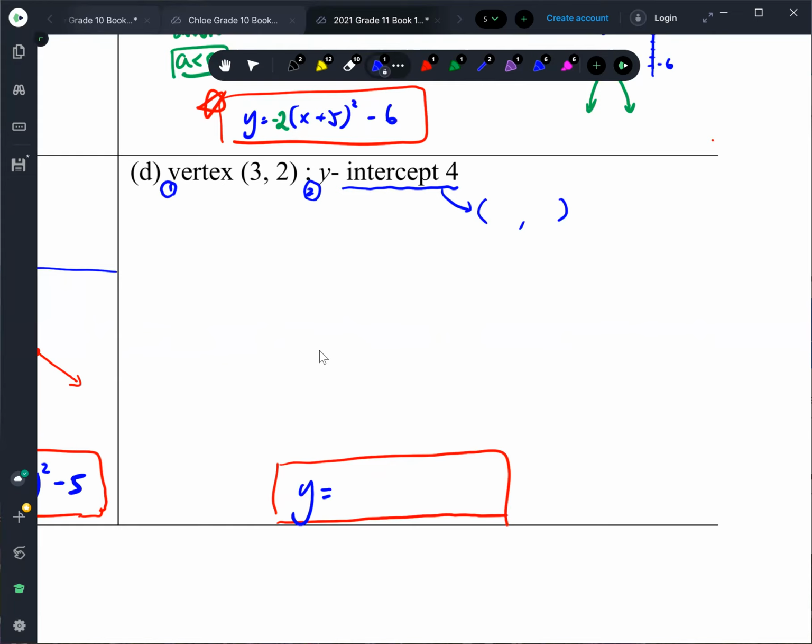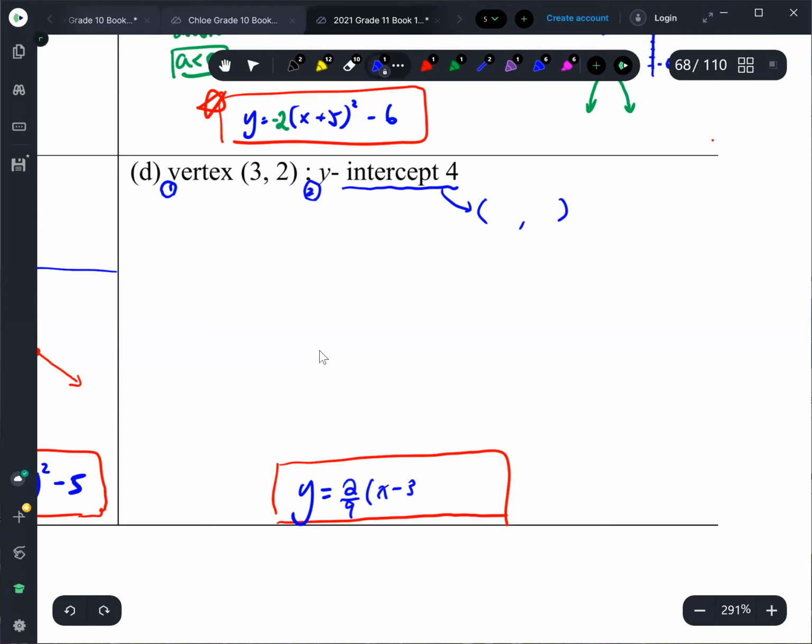All right, so let's have Geoffrey, what's your equation look like? Y equals 2/9 bracket x minus 3 squared plus 2. Okay, thank you. And Naomi, how about you? I got the same thing, but a is negative.